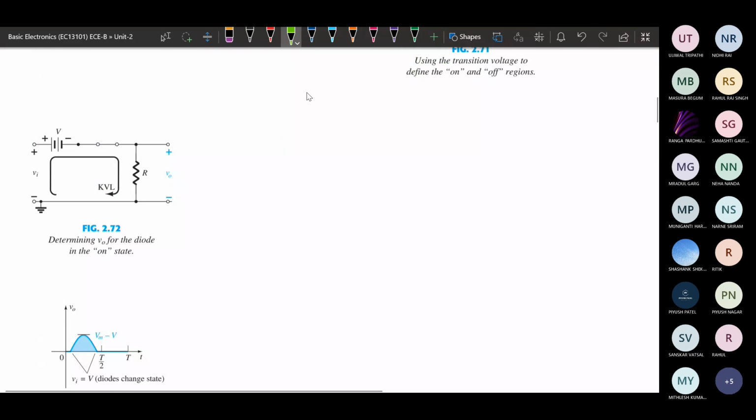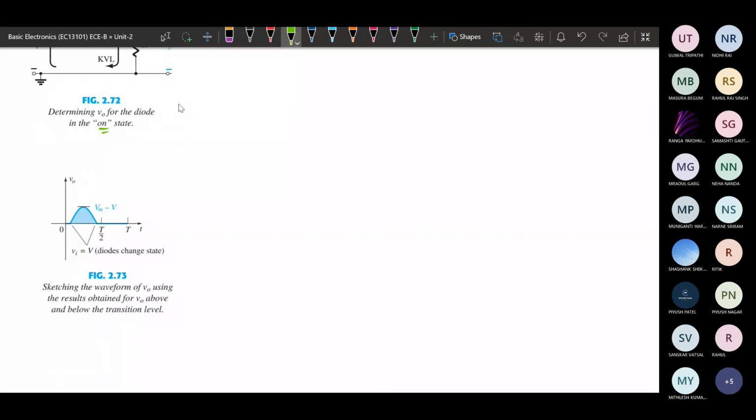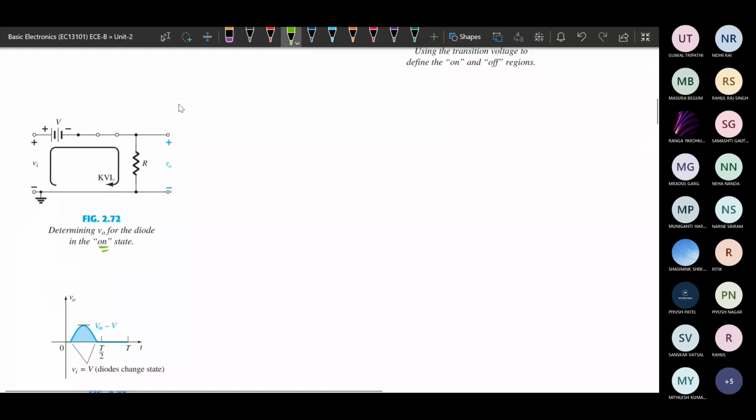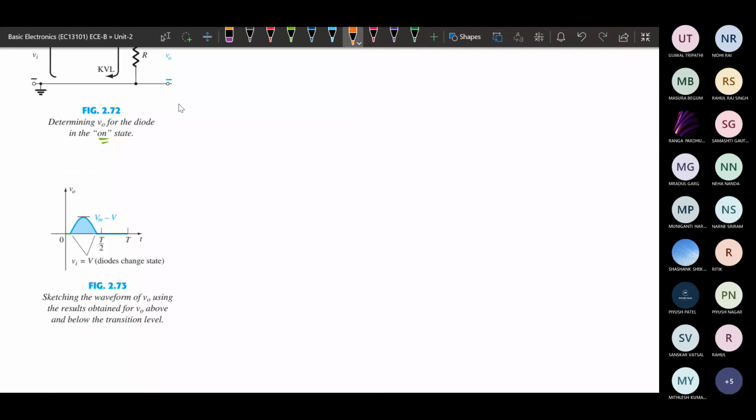When the diode is off we get zero output, and when it is on only that portion appears at the output, but its DC value has reduced, it is shifted downward.